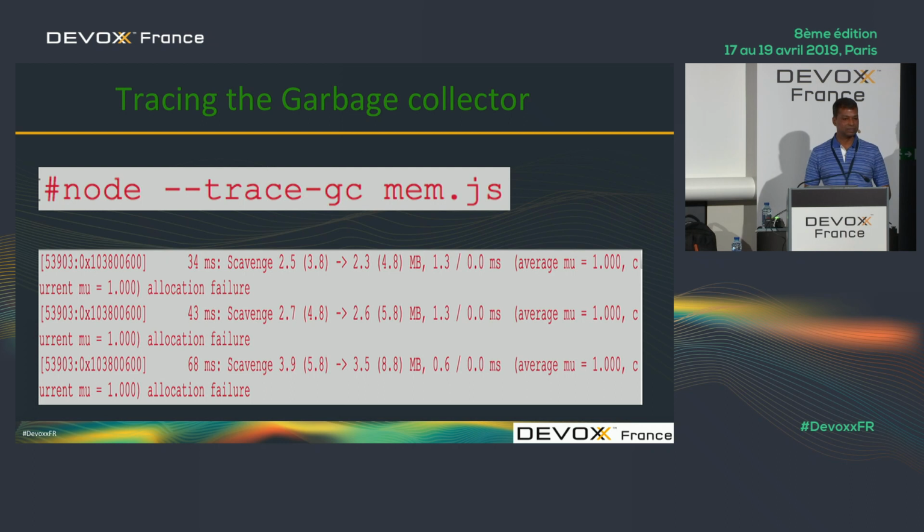Scavenge GC runs in the nursery, the new space, and the numbers indicate how much memory was before the collection, and after the arrow shows how much memory was occupied after the collection and how much memory is free after the collection and things like that. So in this trace output, it shows 3 scavenge collections at 34, 43 and 68 milliseconds respectively since the start of the application.